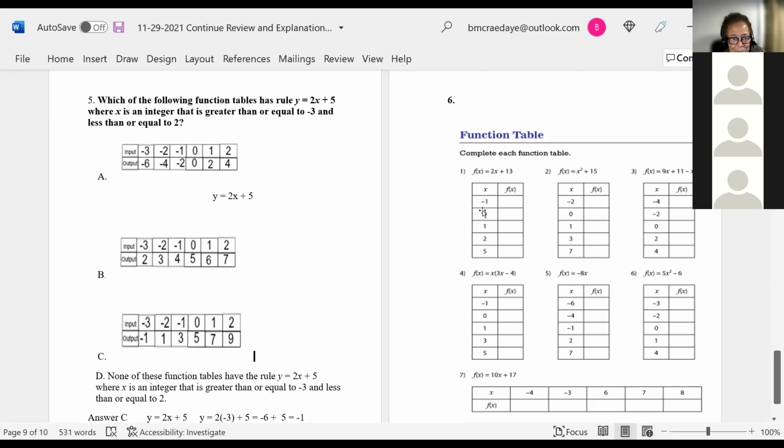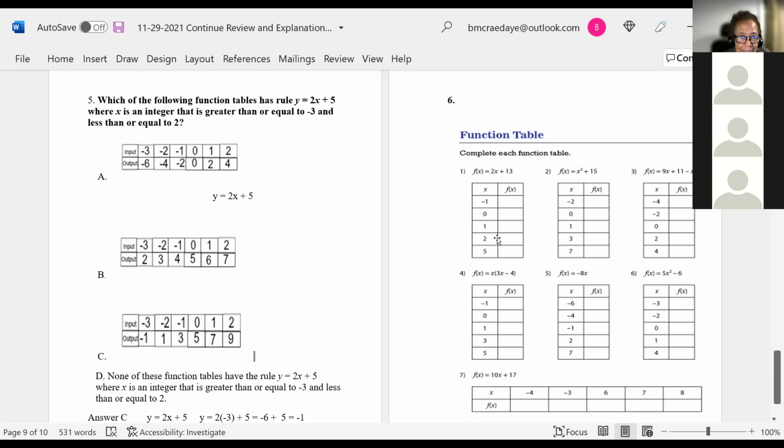And each time you change the input, you get a different output, because now if it's a 0, 2 times 0 is 0, and 0 plus 13 would be 13. You got it? And if it were 1, 2 times 1 is 2. And what's 2 plus 13, Chastity? 15. That's it. So F of X is 15. What about when it's 2? What would F of X be?